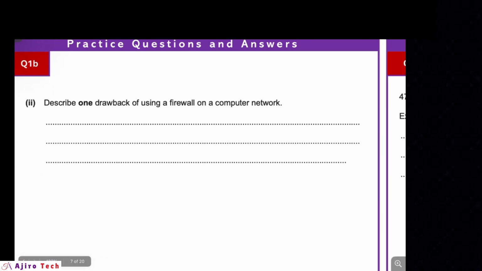Describe one drawback of using a firewall on a computer network. We're still on chapter 5, IT security.